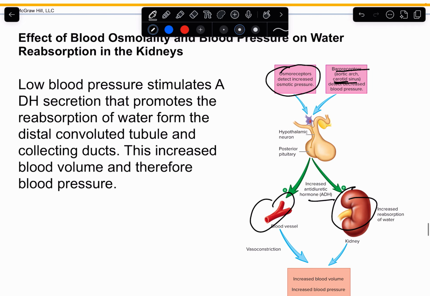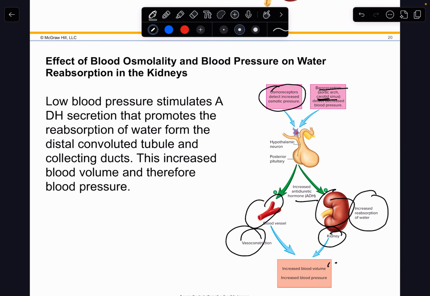Blood vessels, what do they do? Vasoconstriction, blood pressure increasing. In the kidney, it also increases the blood volume and the reabsorption of water, maintaining that osmolality, the solutes in blood or water.